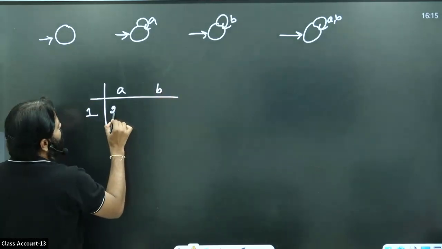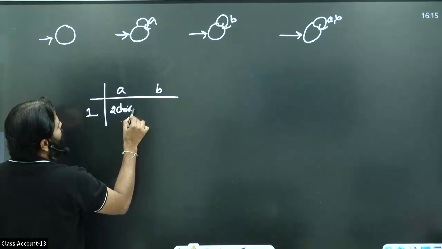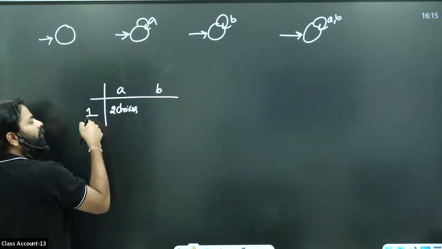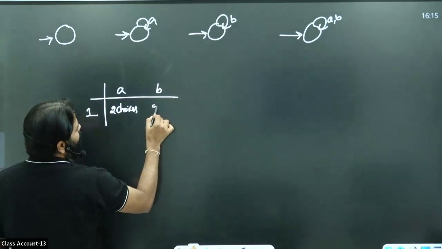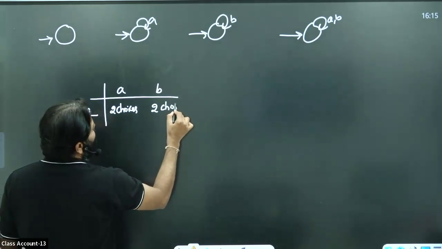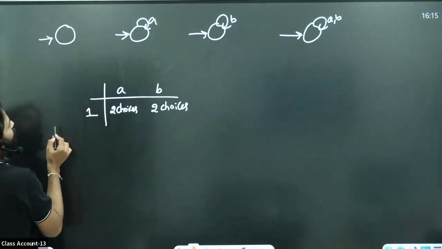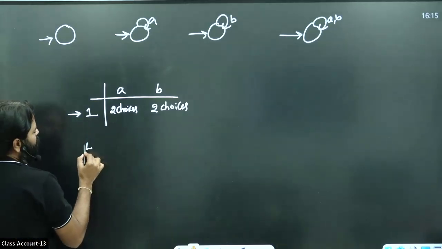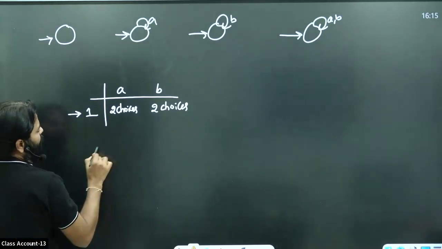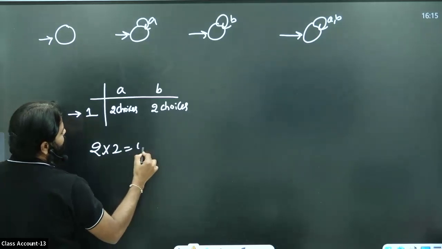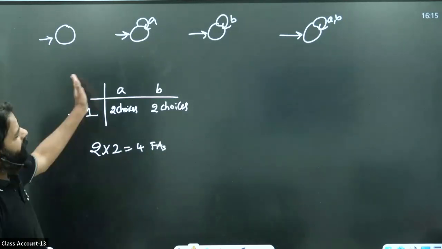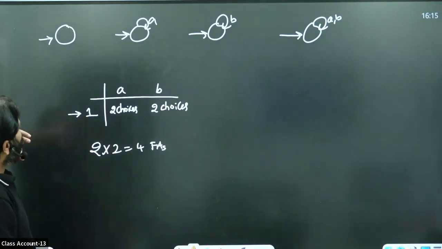Two choices. A transition may be there, or may not be there. If it is there, it will go to 1. If it is not there, it will go to the empty set. Here also two choices. In total, how many DFAs can you design? As you know, the initial is 1. Total 4 machines, 2 into 2. You can build 4 machines without any finals. Without any finals, remember. Got it?